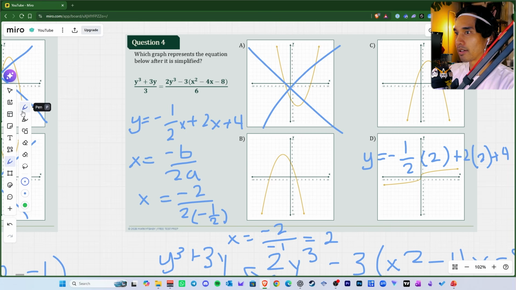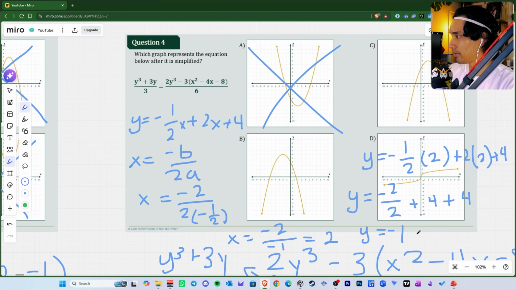That's going to give me y is equal to negative 2 over 2 plus 4 plus 4. This gives me y is equal to negative 1 plus 4 plus 4, and that equals 7, because 4 plus 4 is 8 minus 1 equals 7. So now our ordered pair is 2, 7, and that's going to be in quadrant 1, both positive numbers.